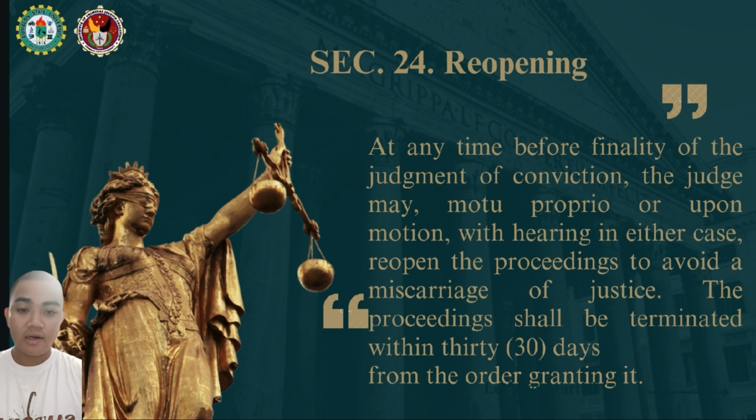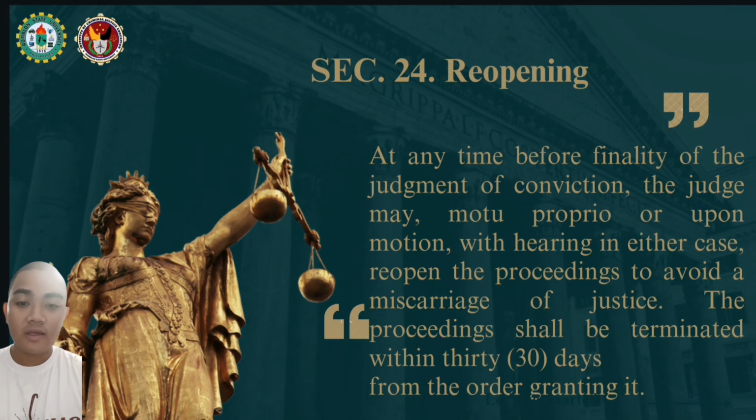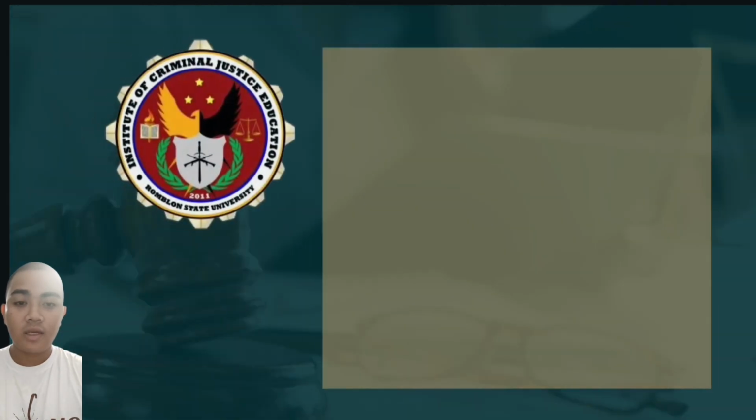The main aim is to prevent any miscarriage of justice, ensuring that the right decision is reached in the end. And the timeline for the reopening: once the decision to reopen is made, everything has to wrap up within 30 days from that point, making sure there's no unnecessary delay in resolving the matter. And that's all. Thank you.